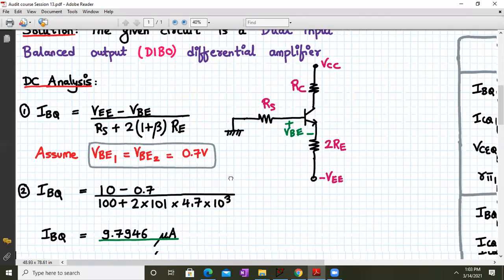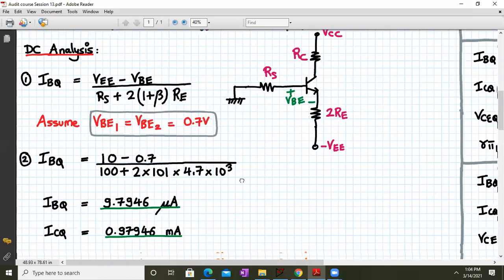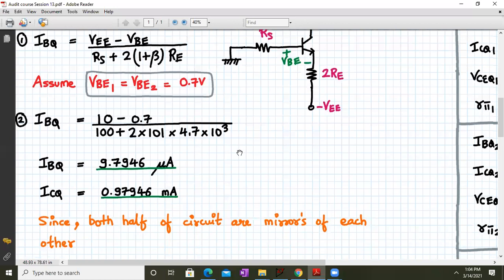Okay, so we substitute the value of VEE as 10, VBE as 0.7, RS as 100, beta as 100. So it will be 2 into 101 and RE value is 4.7 kilo ohms. So if you solve this in a calculator, you will get the value of IBQ as 9.7946 microamperes, and the value of ICQ will be beta times IBQ, which will be 0.97946 milliamperes.